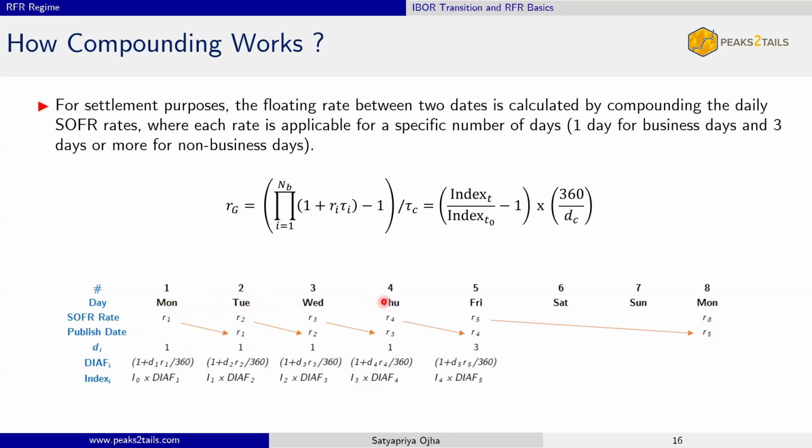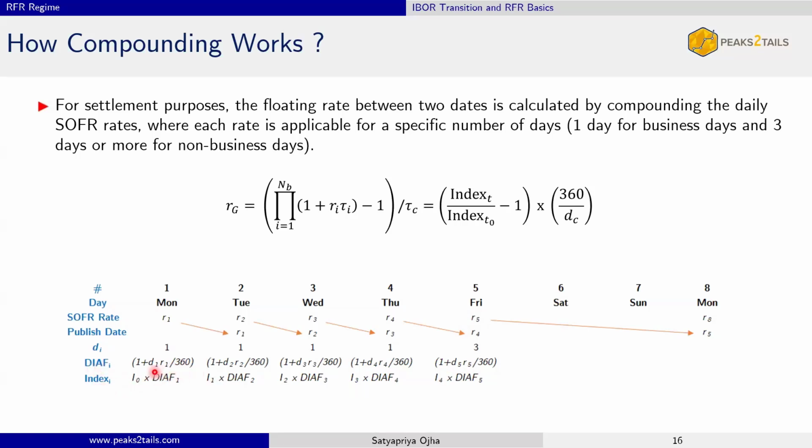For each working day or non-business day, the effective number of days for which the rate is applicable will be 1 day each. Correct? The Friday rate carries over for the next 3 days: Friday, Saturday, and Sunday. So the number of days for which R5 is effective is 3 days, not 1 day. Now we compound.